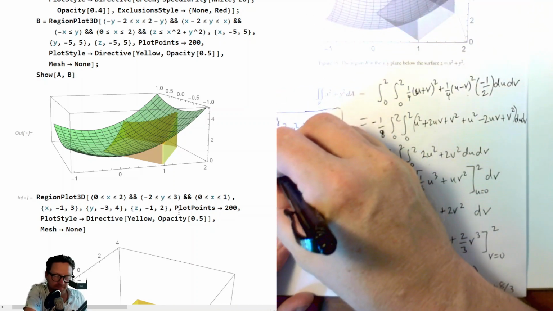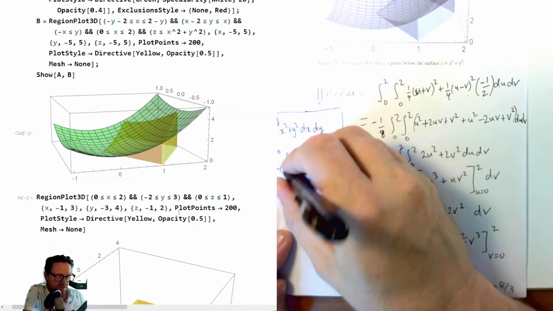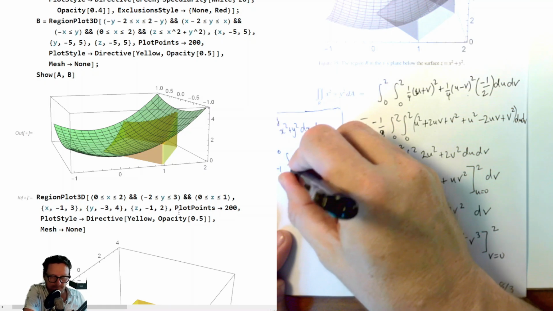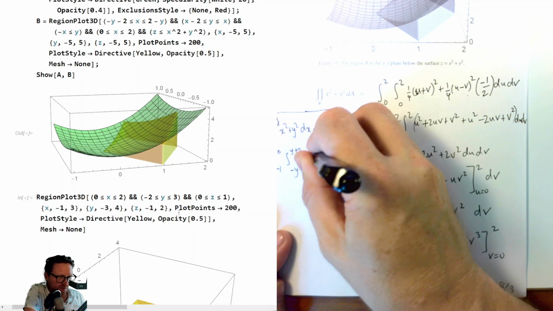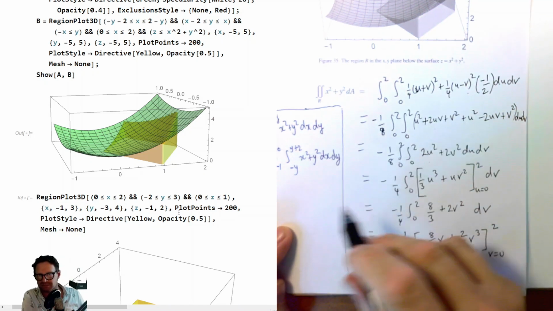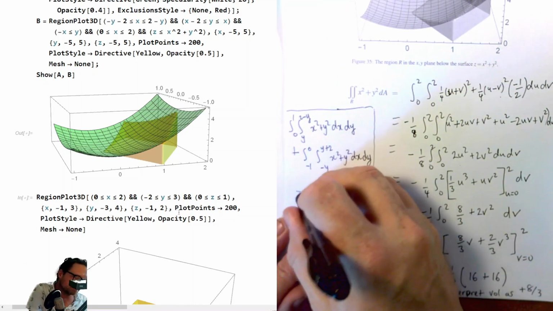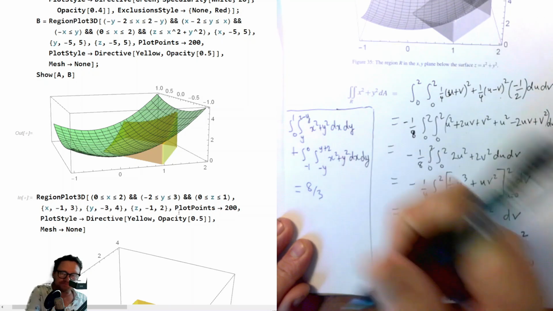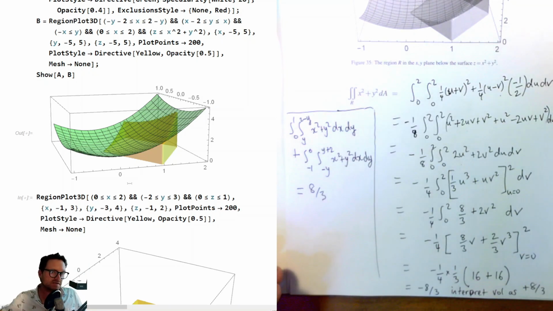So the other part of it would be from -1 to 0, integral from minus y to y plus 2, x squared plus y squared dx dy. And so when you calculate this integral here, you will get 8/3. Okay, so the volume under this surface within that region is 8/3 units.